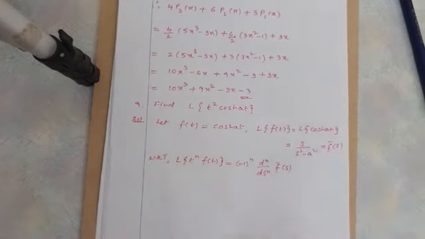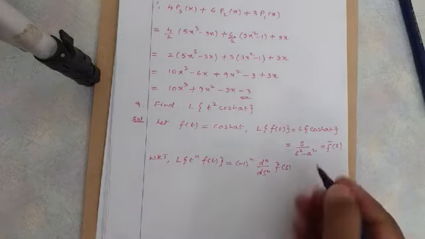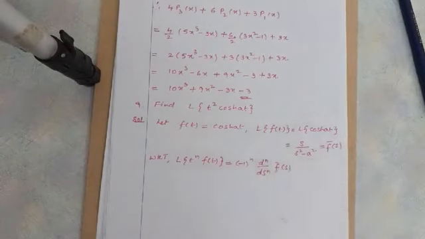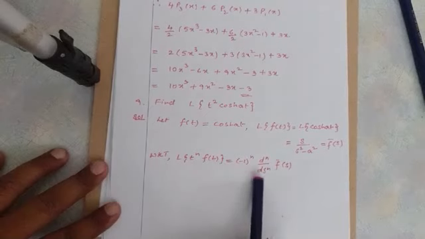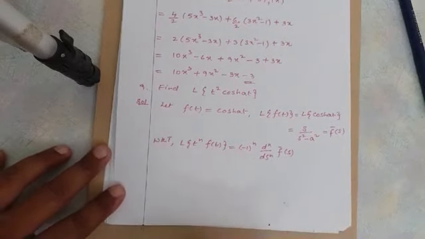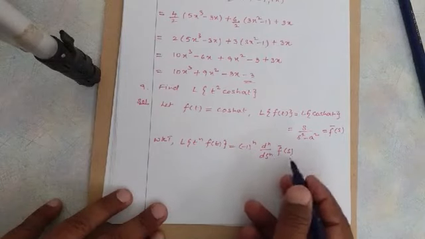As I told you when we started Laplace transform, when Laplace is applied to f(t), the function of t, it is converted into a function of s. So we apply the formula for changing into s. After that we directly write the formula for multiplication by t, that is (-1)^n d^n/ds^n f bar(s).